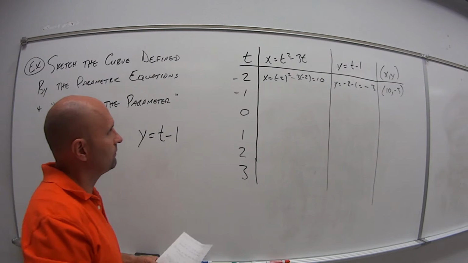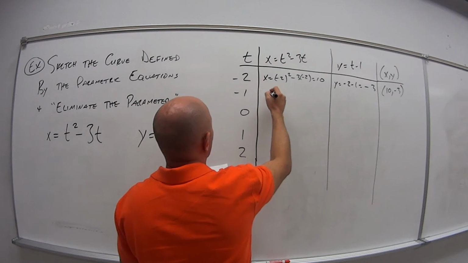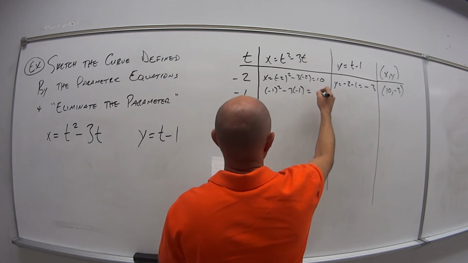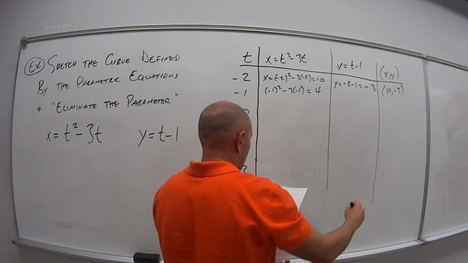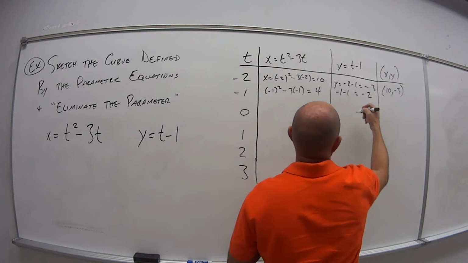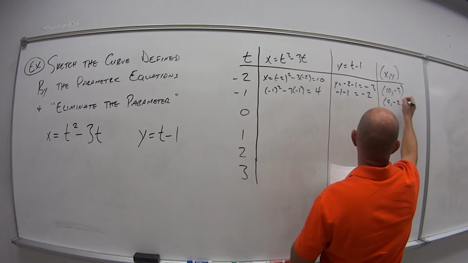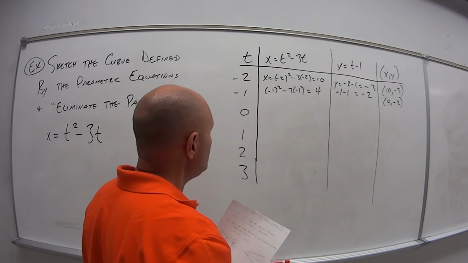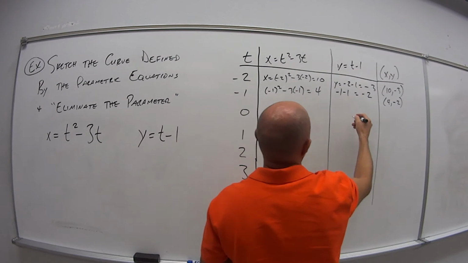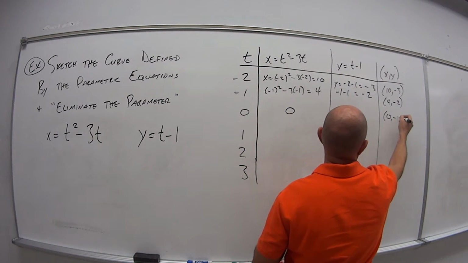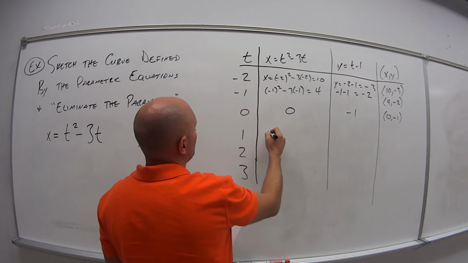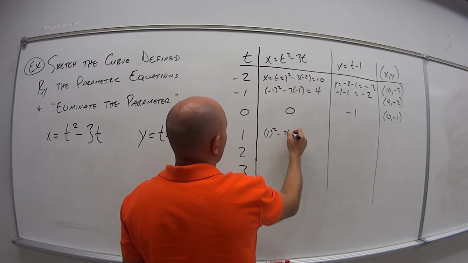We're just going to do the rest of it for these other numbers. So when t is -1, we get -1 squared minus 3 times -1, which is 4. And when t is -1, y is -1 minus 1, which is -2. So this gives us a point 4, -2. When t is 0, x is 0. Y is -1. So that gives us a point 0, -1. When t is 1, we have 1 squared minus 3 times 1.